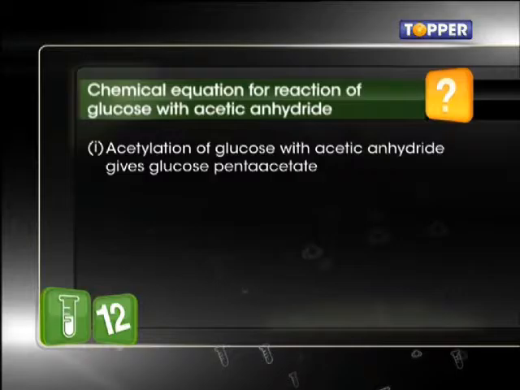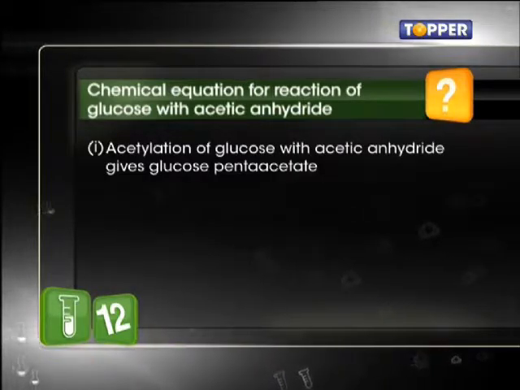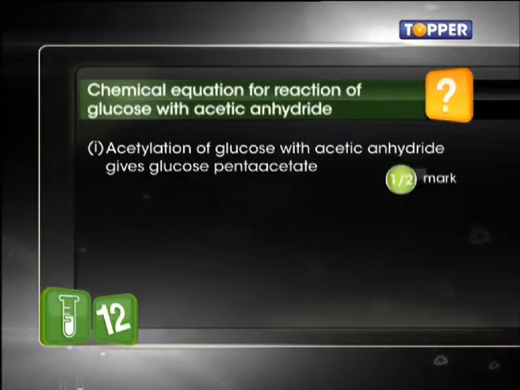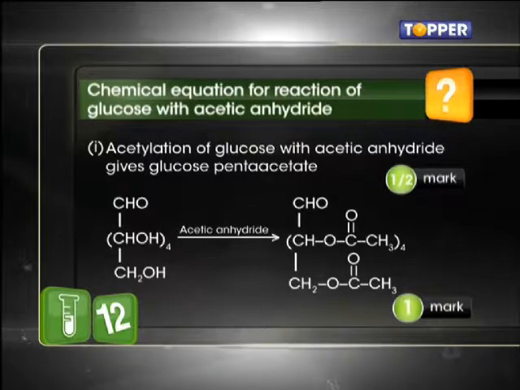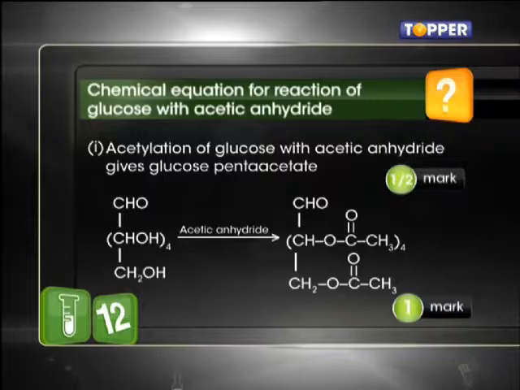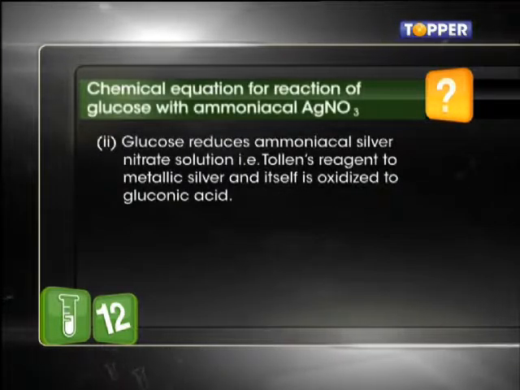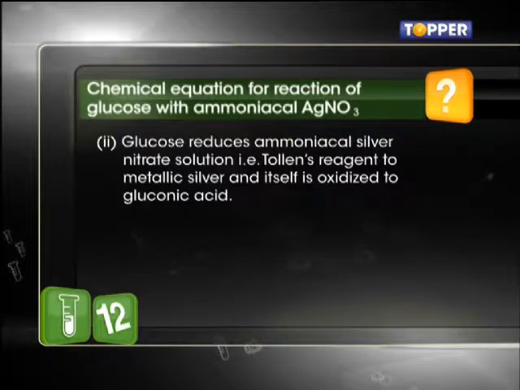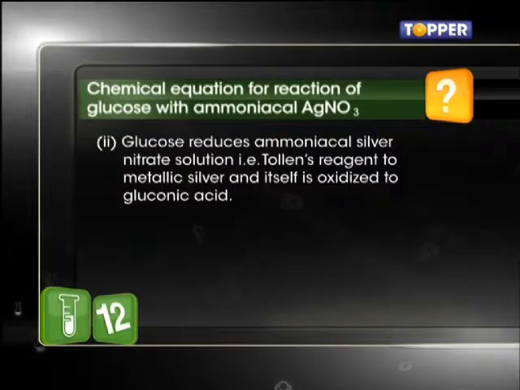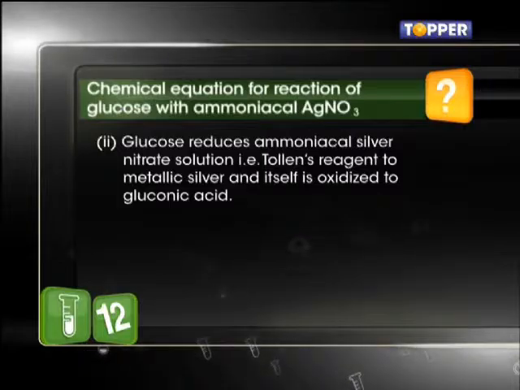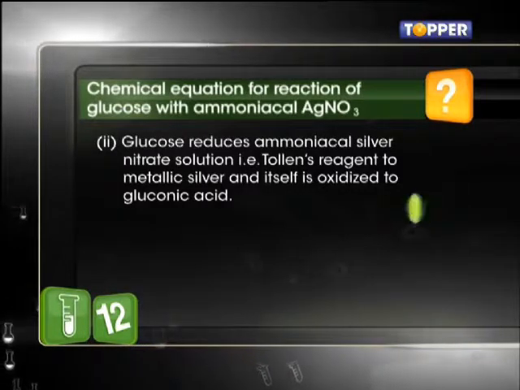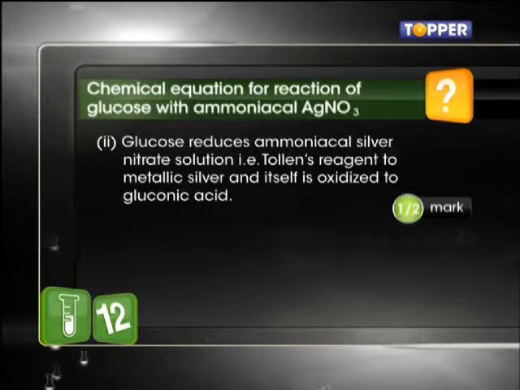Acetylation of glucose with acetic anhydride gives glucose pentaacetate. And glucose reduces ammoniacal silver nitrate solution, that is, the Tollens reagent to metallic silver, and itself glucose is oxidized to gluconic acid.